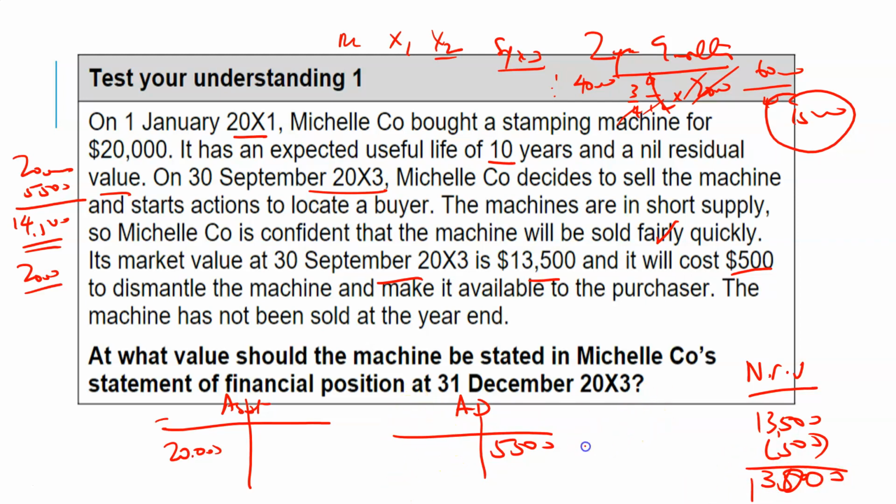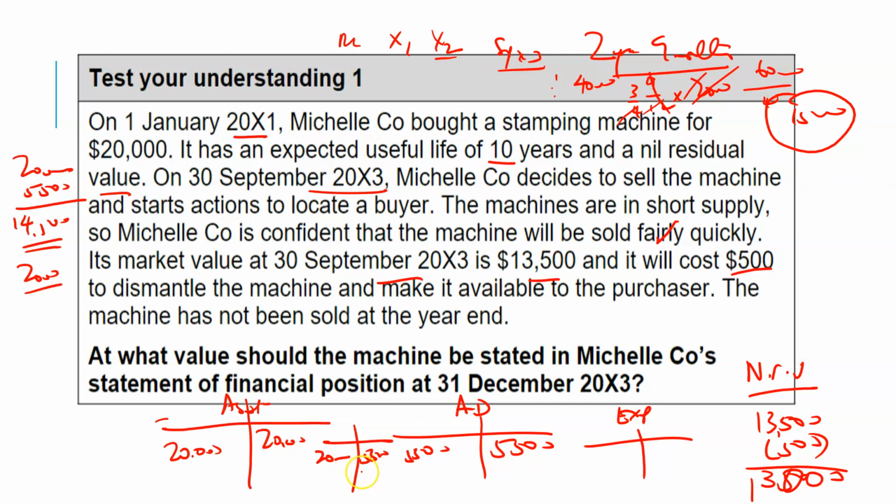So what I really need to do, just pure double entry, is recognize an additional expense to bring this thing down from 14,500 to 13,000. I guess all I'm really doing is taking everything to a disposal account ultimately, aren't I? And then I can recognize it that way. Just take that out of there. It's no longer in non-current assets. 20,000 there, 5,500 there, 5,500 here.